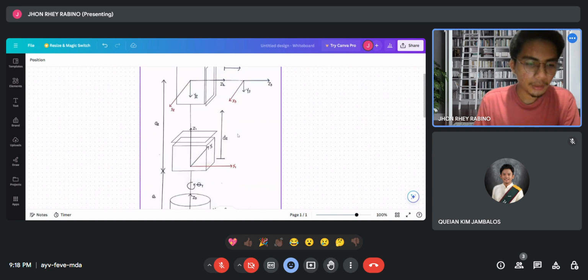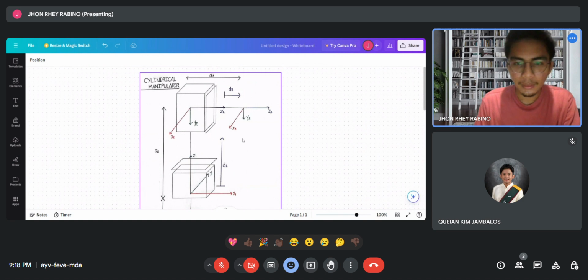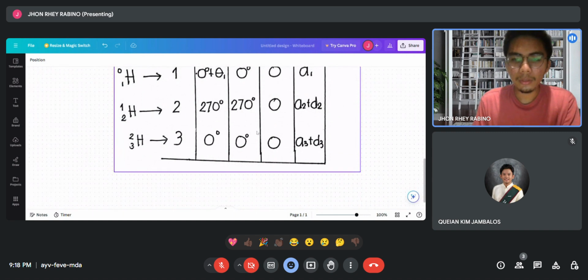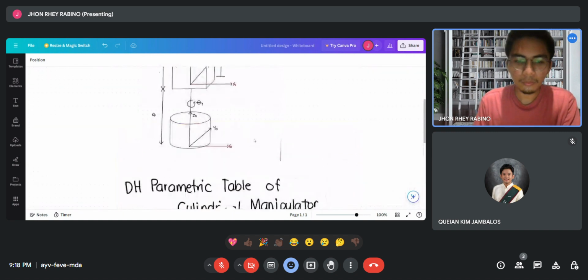For row 3, the distance from frame 3 to frame 2 along x sub n, which is now x sub 3, is also 0, because, as in the case of frame 2 to frame 1, it is pointing forward, so we don't have link lengths. So row 3 is also 0.